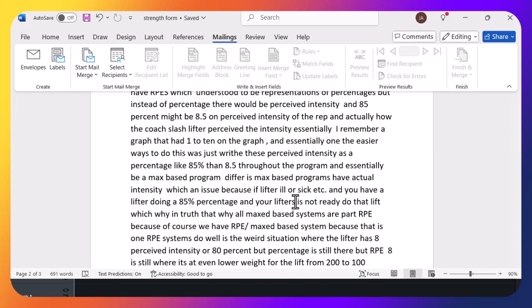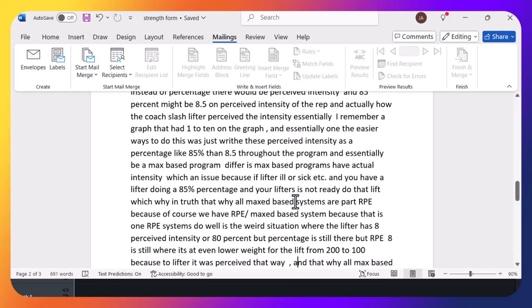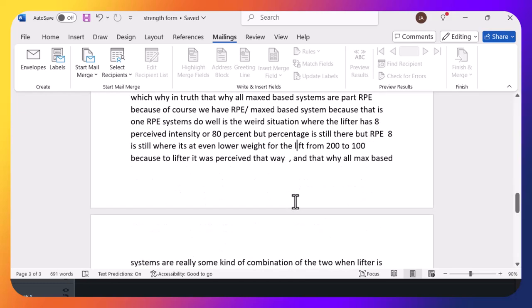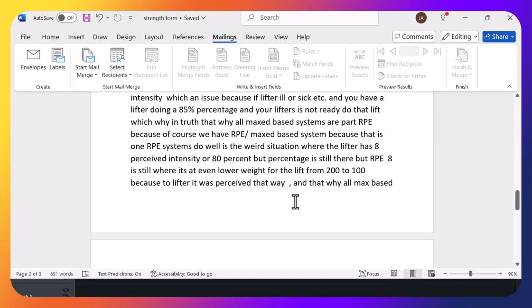And different max-based programs have an actual intensity, which is an issue because if you're ill or sick, you have a lifter doing 85% of their max who is not ready to do that. It's true that all max-based systems are part RPE, because of course they have RPE, which is what RPE systems do well.